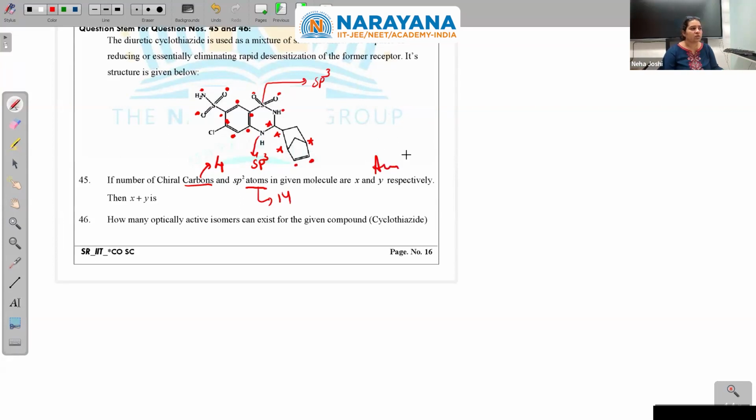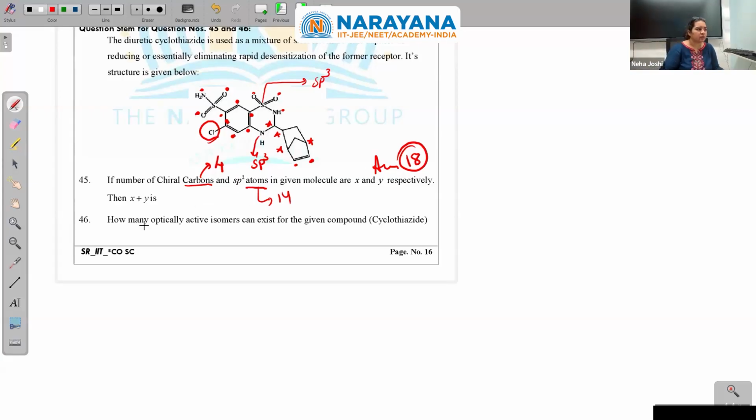So the answer should be 18 if we take this 14. Chlorine, I have to check whether it should be considered or not. I don't think it should be considered.